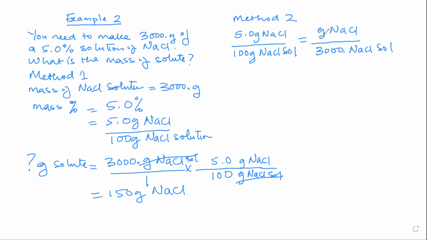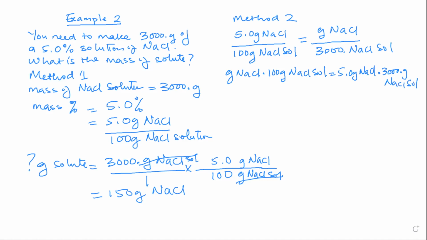So this and this are the same concentration, but here we don't know how many grams. So we cross multiply: grams of sodium chloride times 100 grams of sodium chloride solution will give us 5.0 grams of sodium chloride times 3,000 grams of sodium chloride solution.